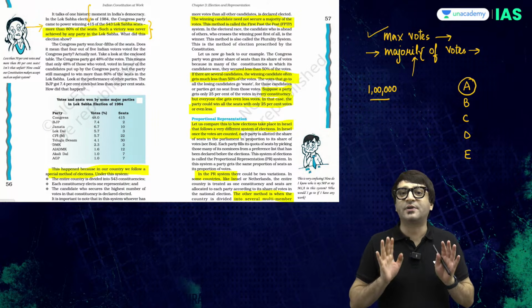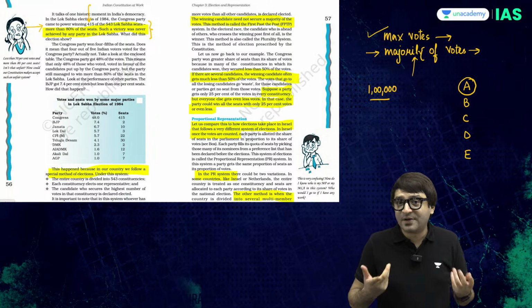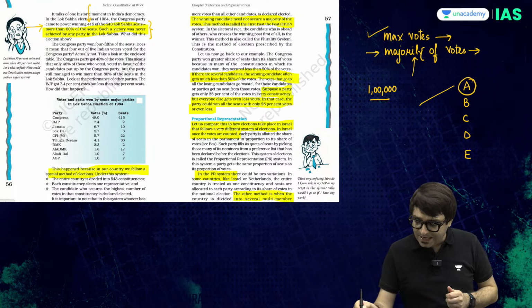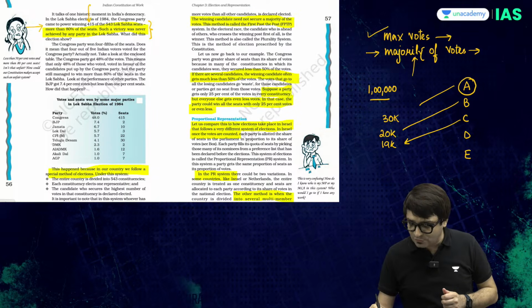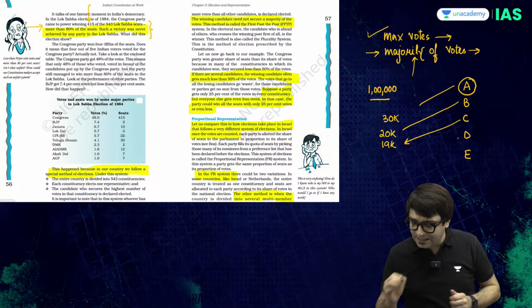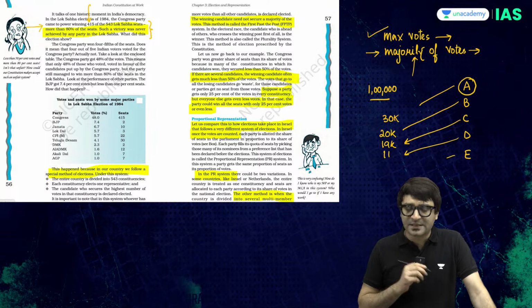You can't say it right now. Why? Because it can vary. A gets 30,000 votes, B gets 20,000 votes, C gets, let's say, 19,000 votes, D gets, let's say, 11,000 votes, E gets the remaining number of votes.